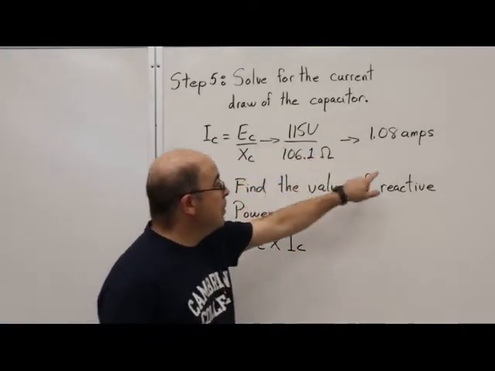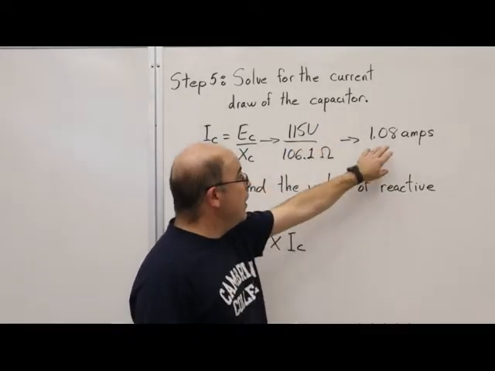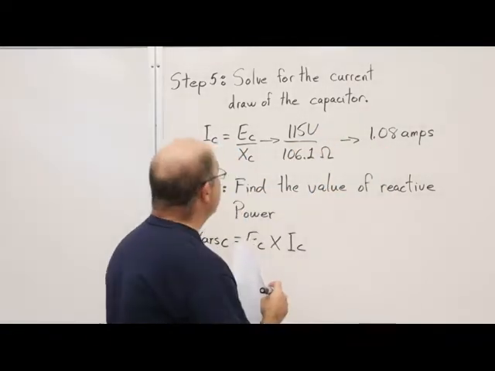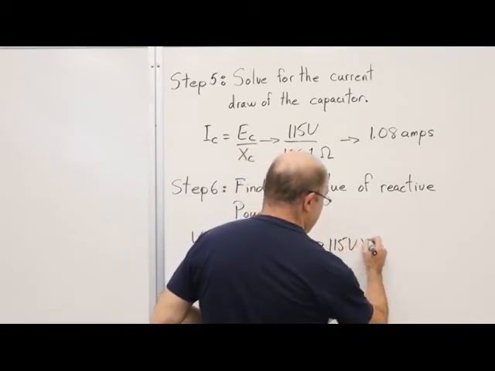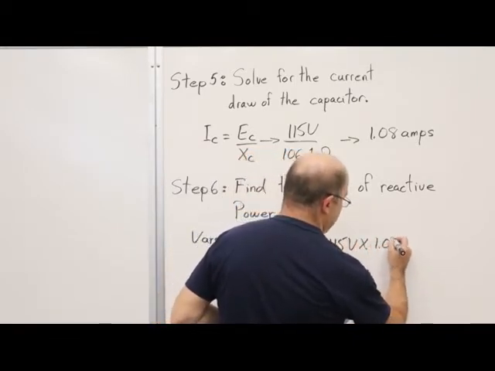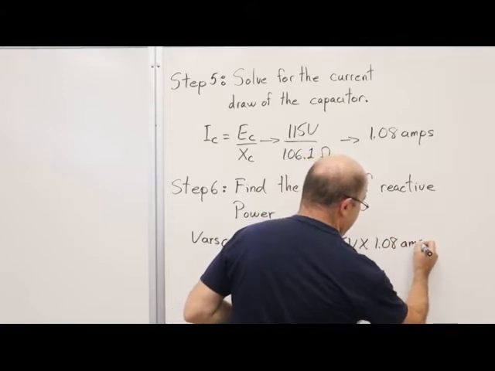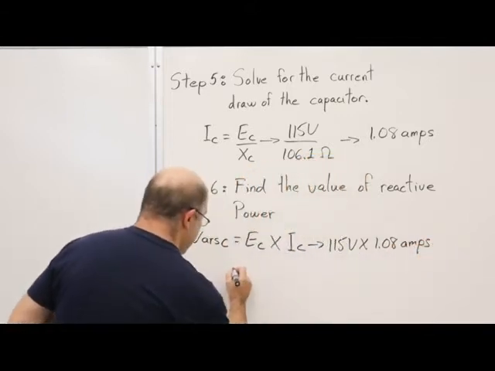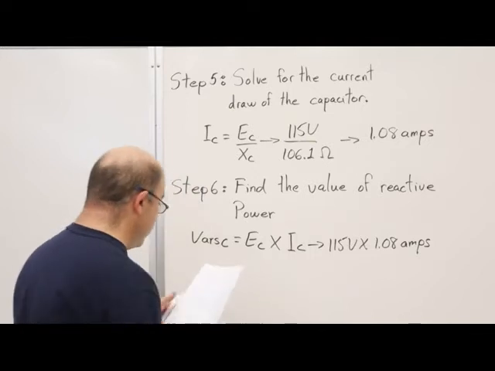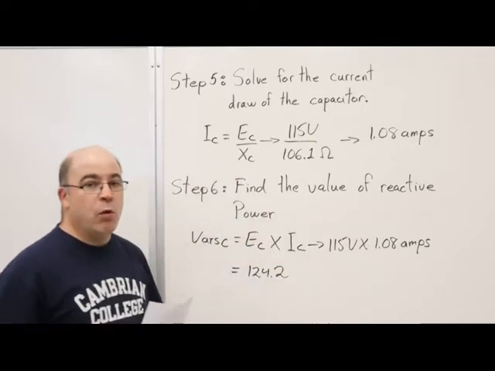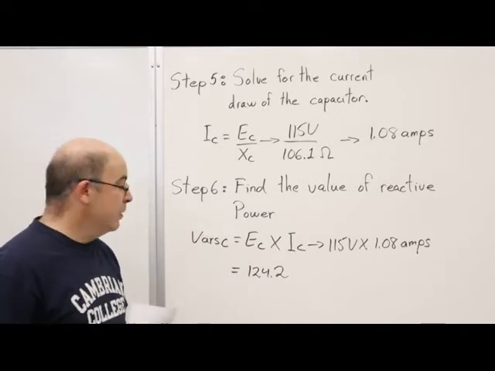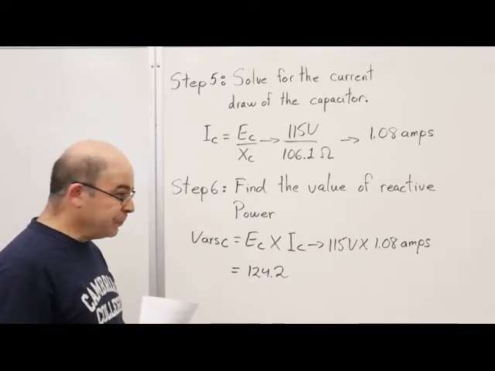Using both of the values, the given value and the calculated value of current, 115 volts multiplied by 1.08 amperes is going to give us, as a result, 124.2 volt amps reactive for the capacitive.